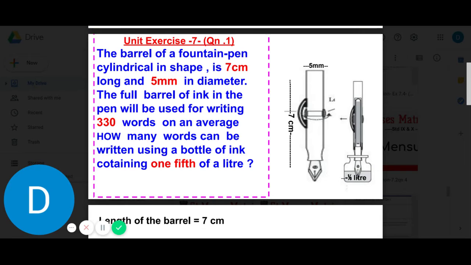So the formula to find out the volume of the ink is pi r square h. Using that, we can find out the volume of ink in the barrel. So after finding the volume, we can find out how many words can be written using 1/5 of liter of ink.